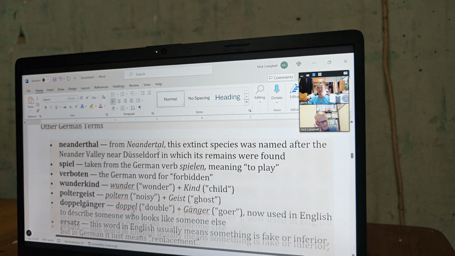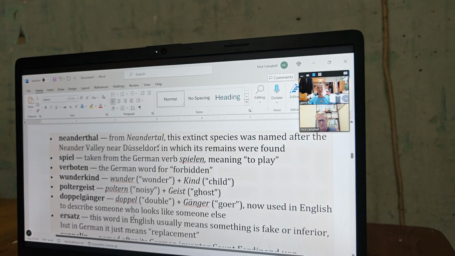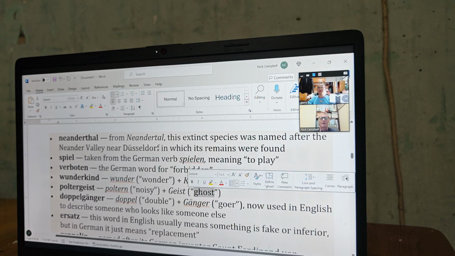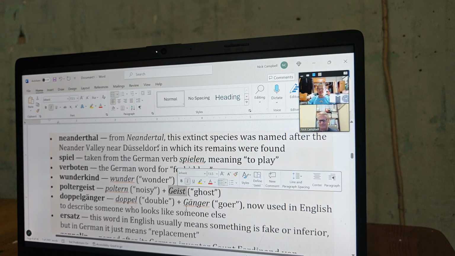So I think you don't know all these German words, maybe not so common. Maybe you know poltergeist? No. Okay, so you know ghost. In German, the word for ghost is Geist. So similar, right?